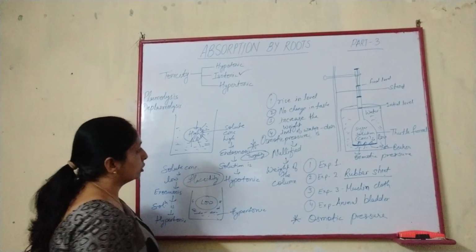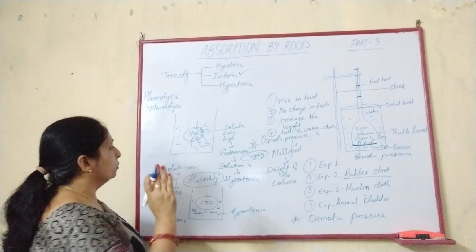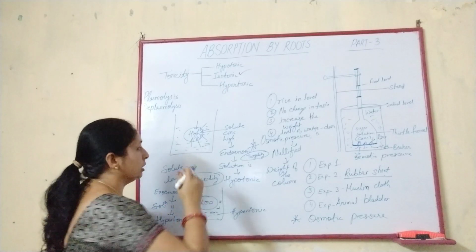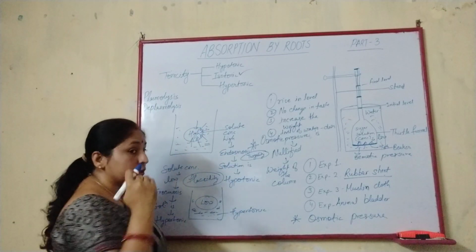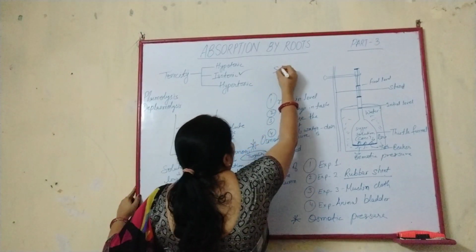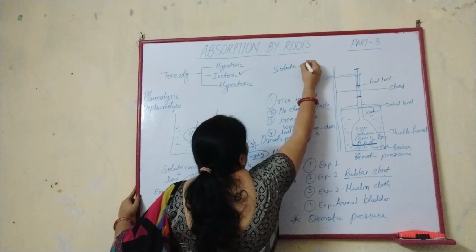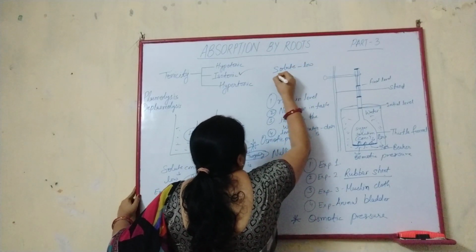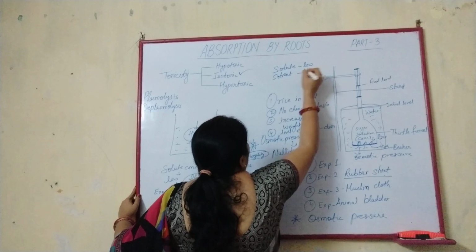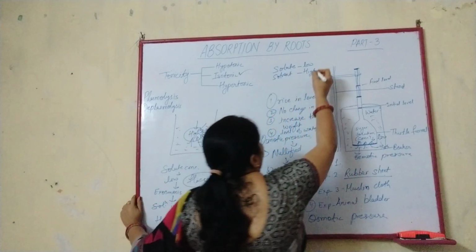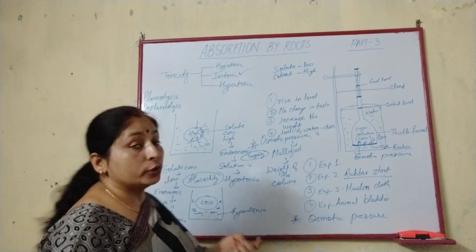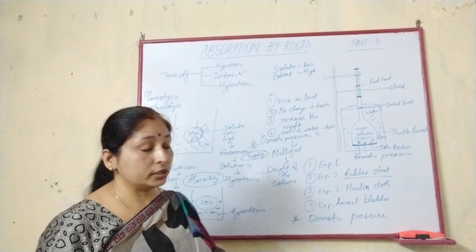In terms of solute concentration, movement of solvent would be from low solute concentration to high solute concentration, but in terms of solvent concentration, from high to low. This is all about tonicity: isotonic, hypotonic and hypertonic solutions.